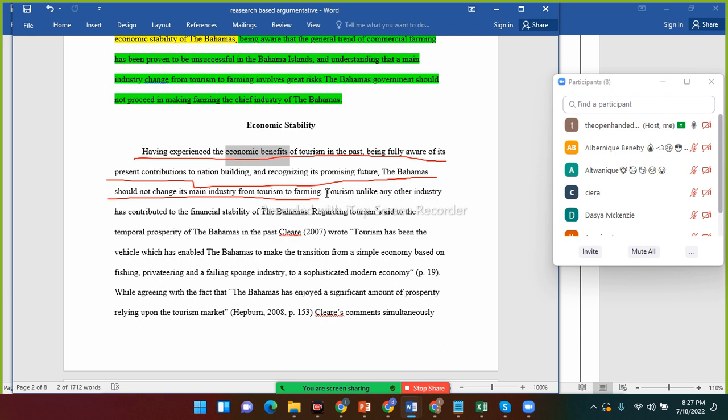So the reason I'm giving in this paragraph is that tourism helps with the economic stability of the Bahamas. And I talk about how we can see the economic stability of tourism in the past, the present, and that helps us to understand that it will be there in the future. And so that encapsulates that idea of economic stability right there, right?